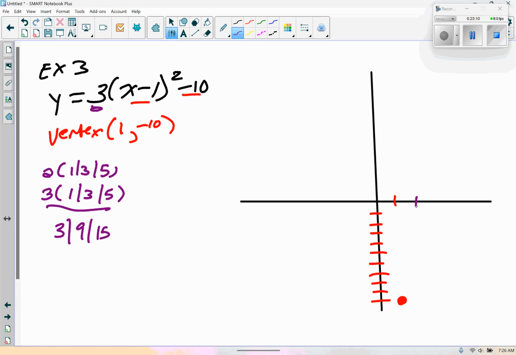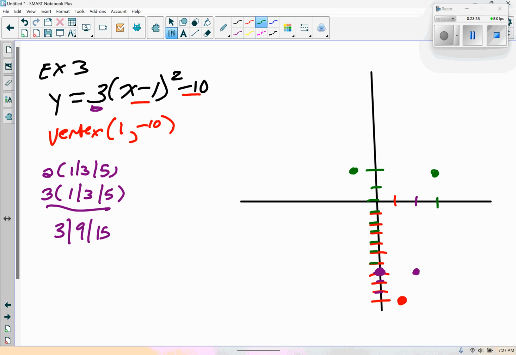So it's going to open up. So I'm going to go right 1, up 3, left 1, up 3. And then I'm going to go ahead and go right 1, up 9. 1, 2, 3, 4, 5, 6, 7, 8, 9.